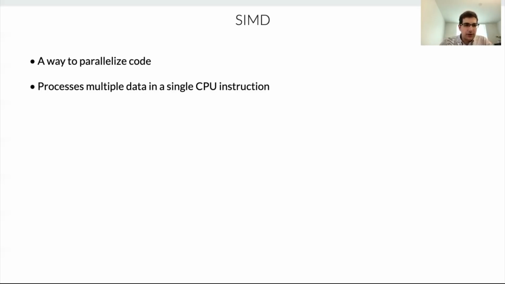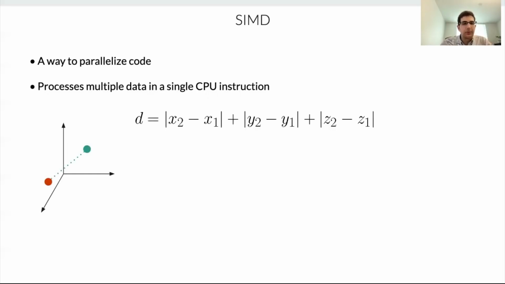So just to give you a very concrete example, let's say you have points in a three-dimensional space, and you're interested in calculating the distance between these points using this formula. So here what you could do is calculate these three subtractions, one after the other, therefore taking up about 3 CPU instructions.